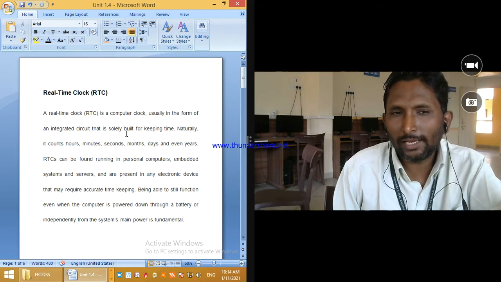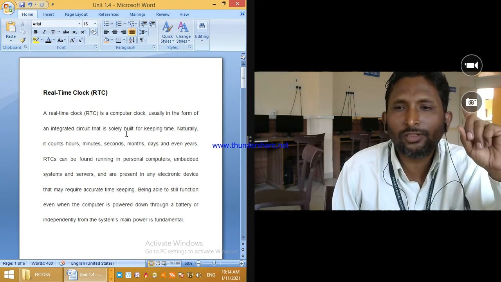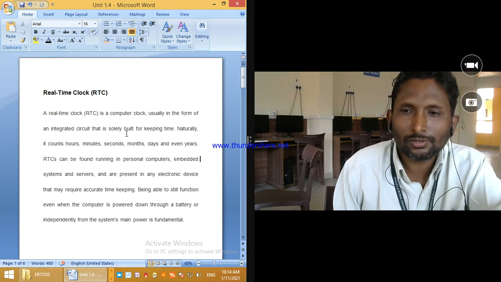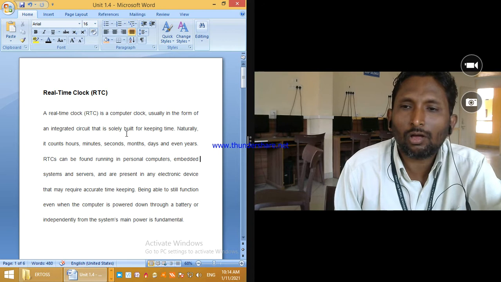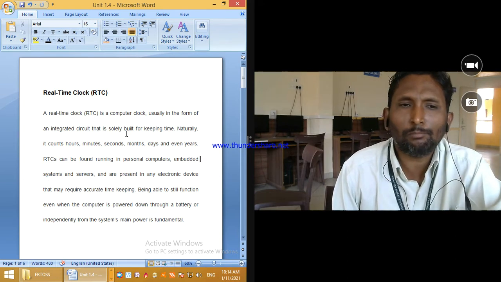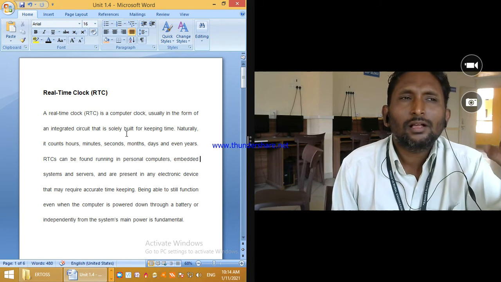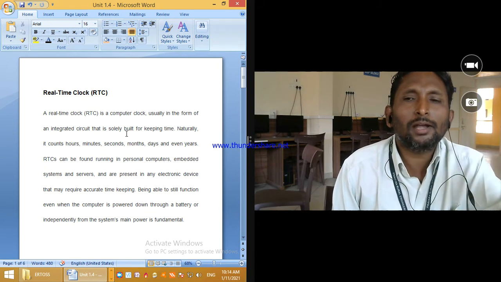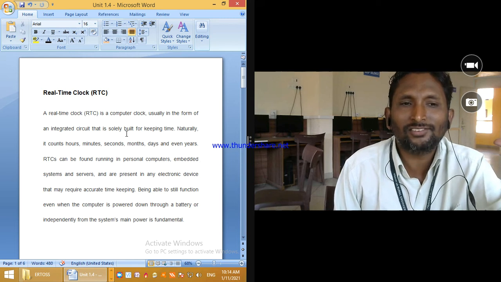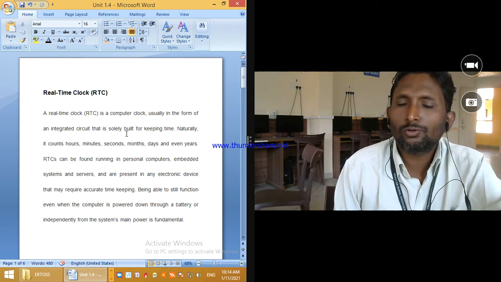How does it show above 90? It is synchronized with your real time clock. So it shows your oxygen level with the help of the real time clock by synchronizing. These are the two examples to understand how my mobile phone is an embedded system, and that hardware like RTC, real time clock, is used in your mobile phone.